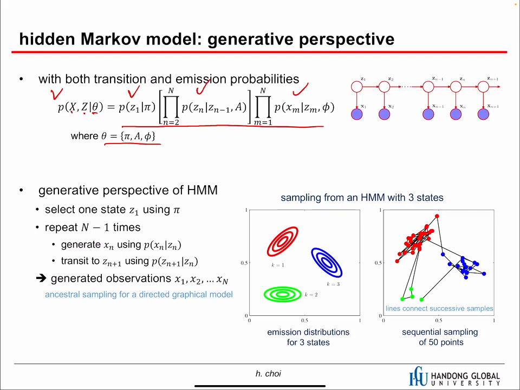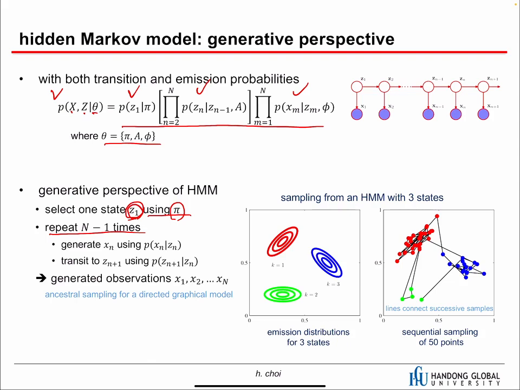So when we generate one sequence with an HMM, we can follow this recipe. First, we select one hidden state, z sub 1, using pi. Pi is the probability of the first hidden state. And then we repeat this n-1 times. Now we have z sub 1, and from z sub 1 we generate x sub 1.